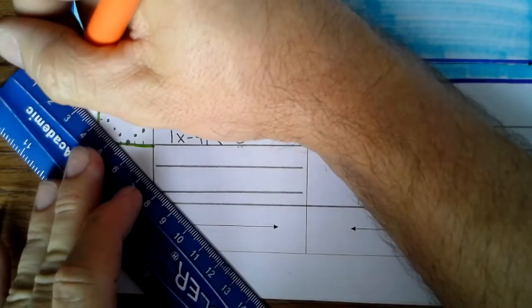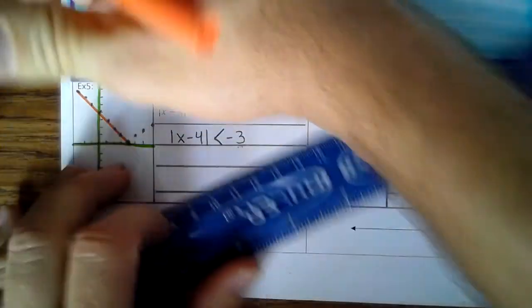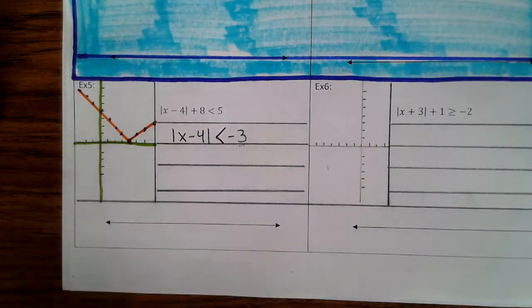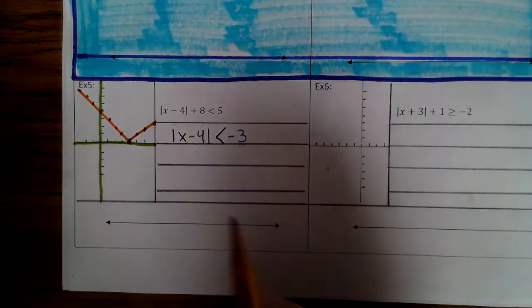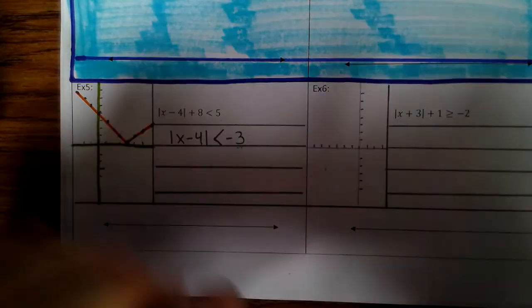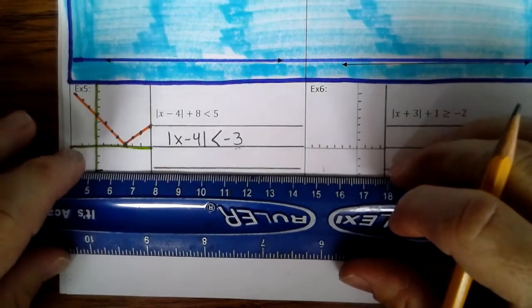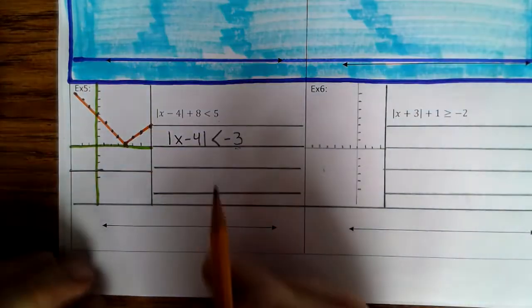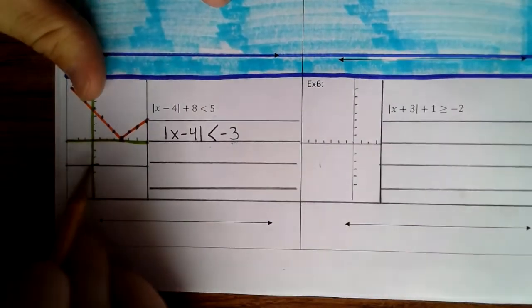Look over here. All right, and now we're going to graph the right side, which we have a horizontal line at negative 3. So negative 1, 2, 3. Now, this says less than, so we shade below.